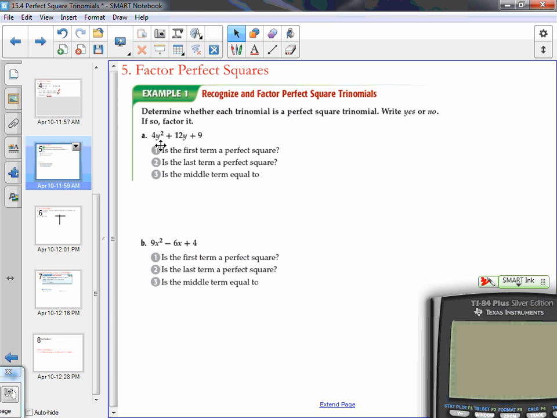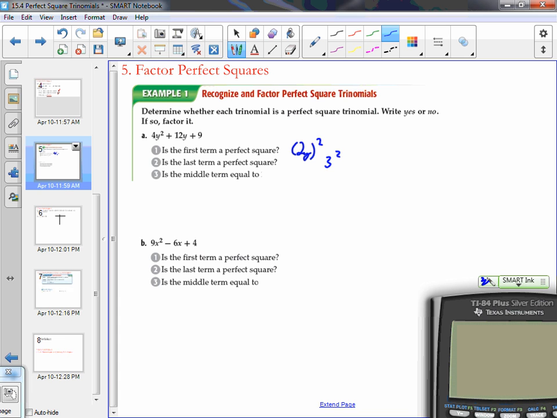So A here, is 4y squared a perfect square? Yeah, it's what squared? It's 2y squared. Is the last term, 9, a perfect square? It's what squared? It's 3 squared. Is the middle term equal to 2ab?